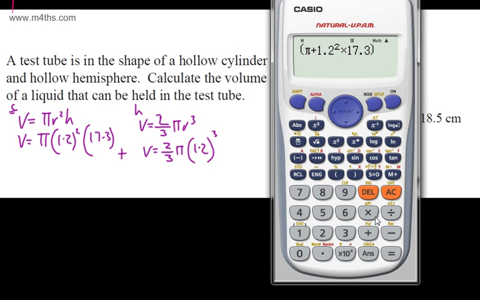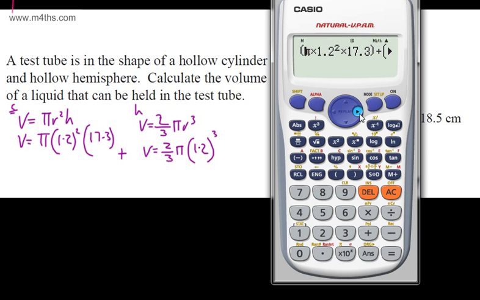And we're going to add to that pi multiplied by 1.2. Let's do that, that looks a bit better. And then we're going to add to that 2/3, do check on the level of working required for your marks, 2/3 pi multiplied by 1.2 to the power 3. Again, with this one, you could factor lots of it if you wanted to do so.